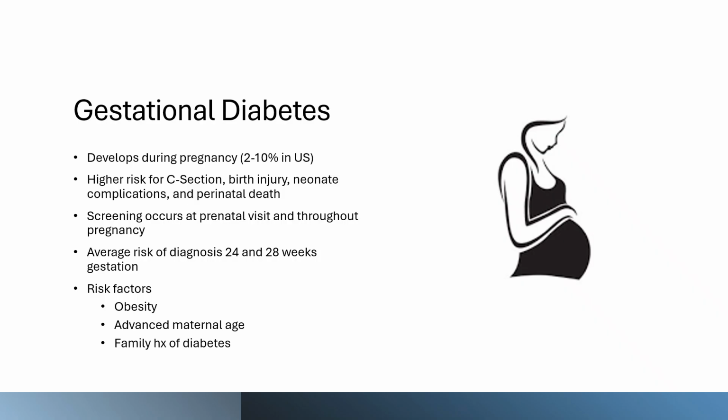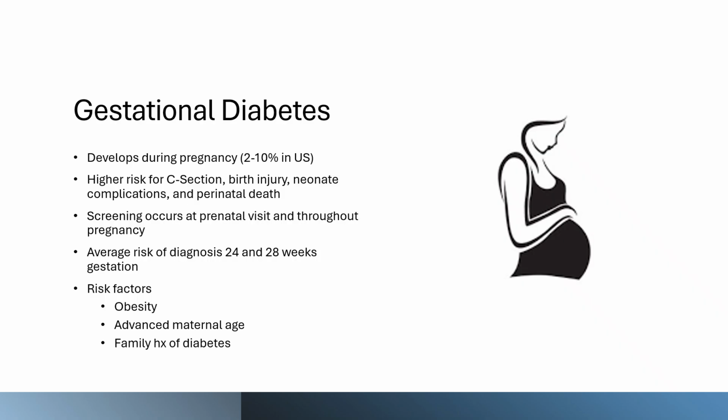They make the patient drink something that reminds me of a flat orange soda, and they take your blood sugar readings at several different times throughout the test, and they will determine whether or not you have gestational diabetes.